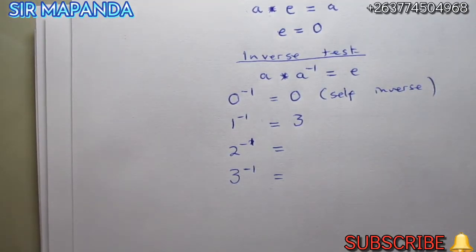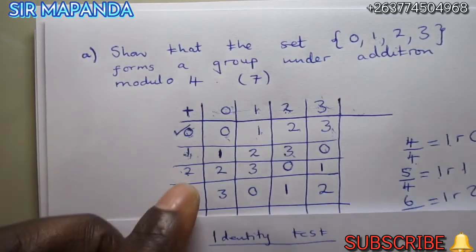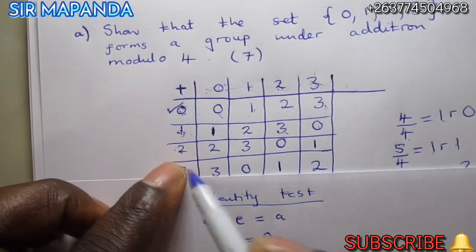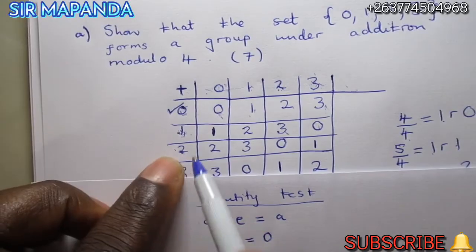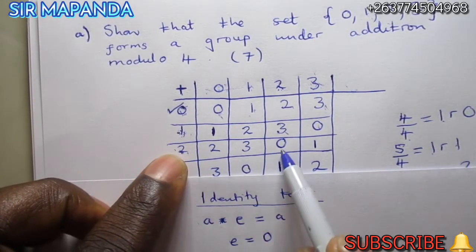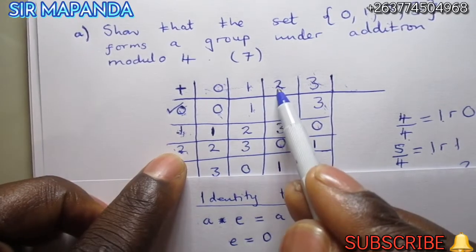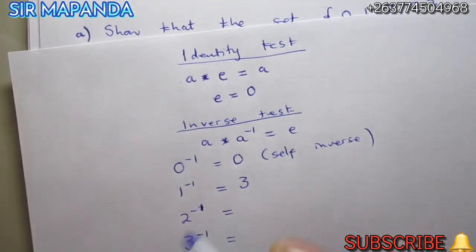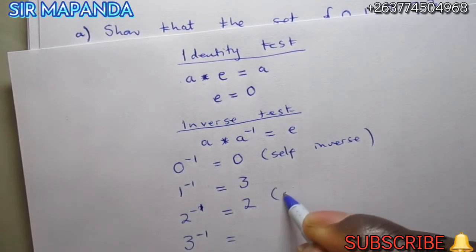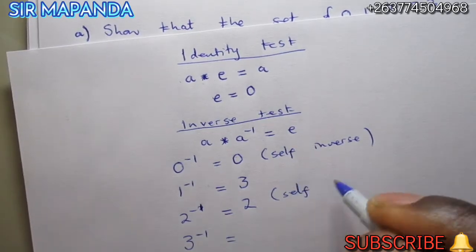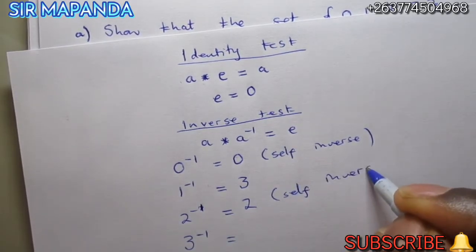Then we move on to the inverse of 2. 2 is found in the third row, and the identity element in the third row, remember, is 0. So what is the number aligned to 0 on the top row? The number aligned to this 0 on the top row is 2. Hence, the inverse of 2 is 2, and this one is self-inverse.